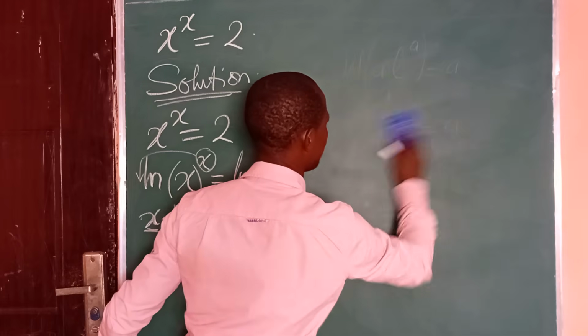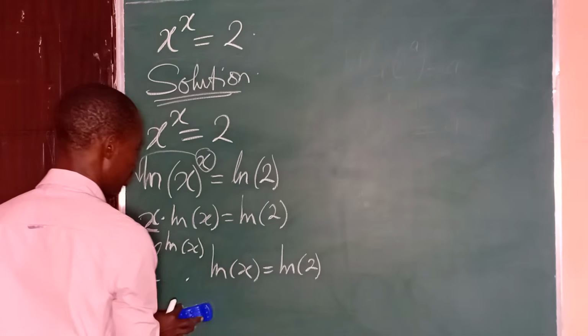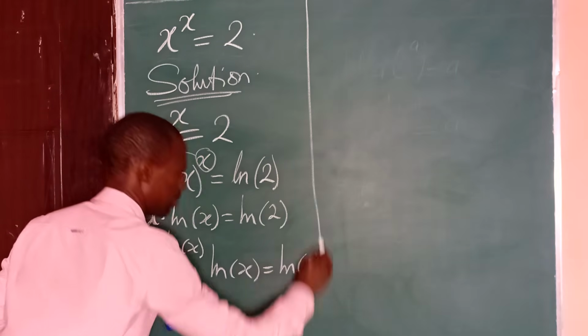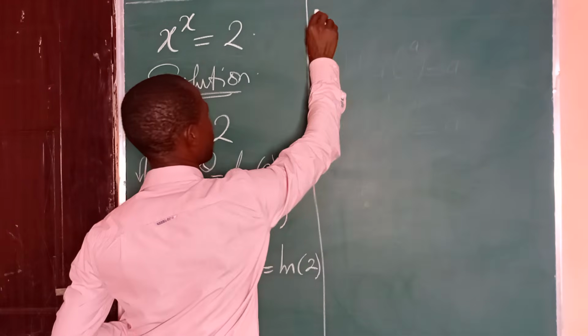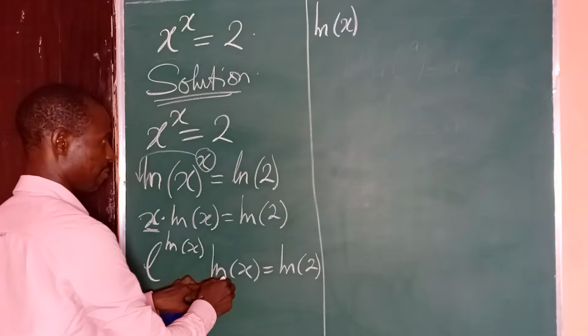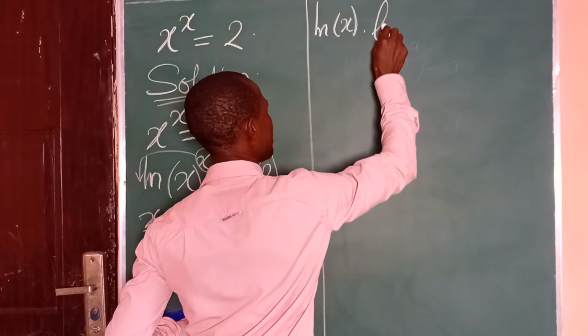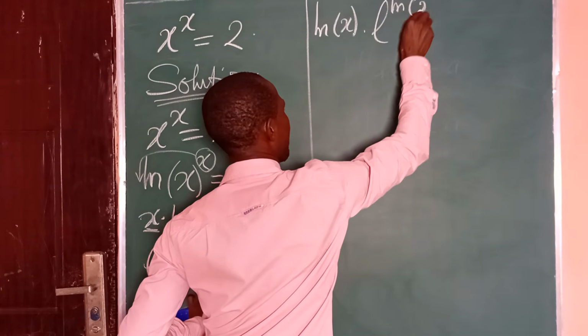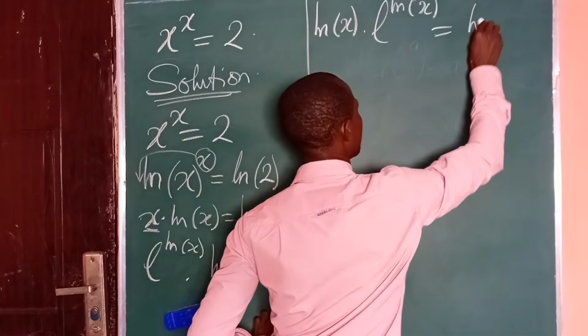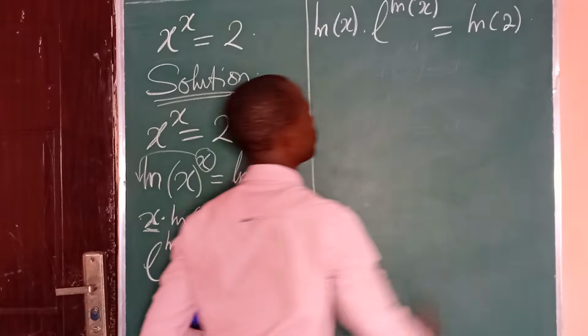Okay, so let's continue on this side here. Now, with what we have in here, I can rewrite this to give a better expression. So we have the ln of x, which is the first one here, times e to the ln of x, equal to the ln of 2.